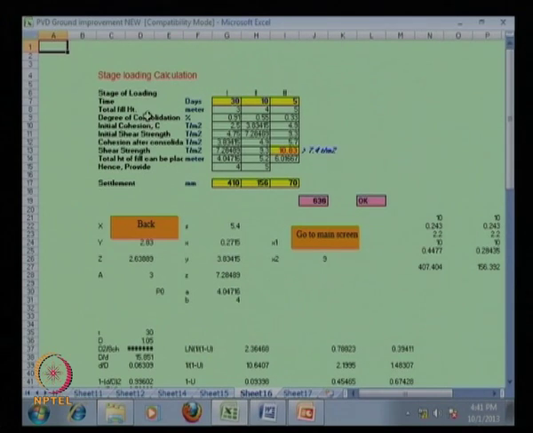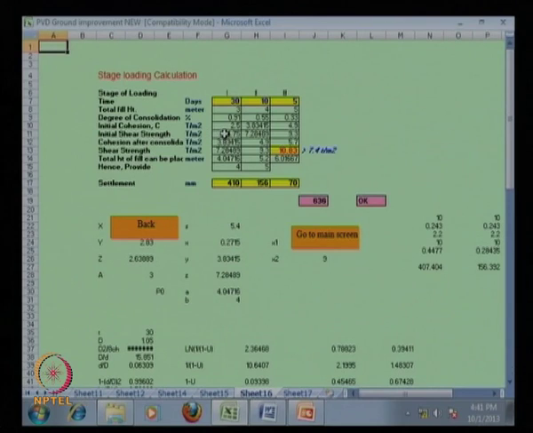That means this is the first stage, second stage and the third stage, and time required is 30, second stage 10 and third stage 5, and total fill height is first stage 3 meter, second stage 4 meter and then 5 meter. Then degree of consolidation 0.91 first stage, 0.55 second stage and 0.33 third stage.